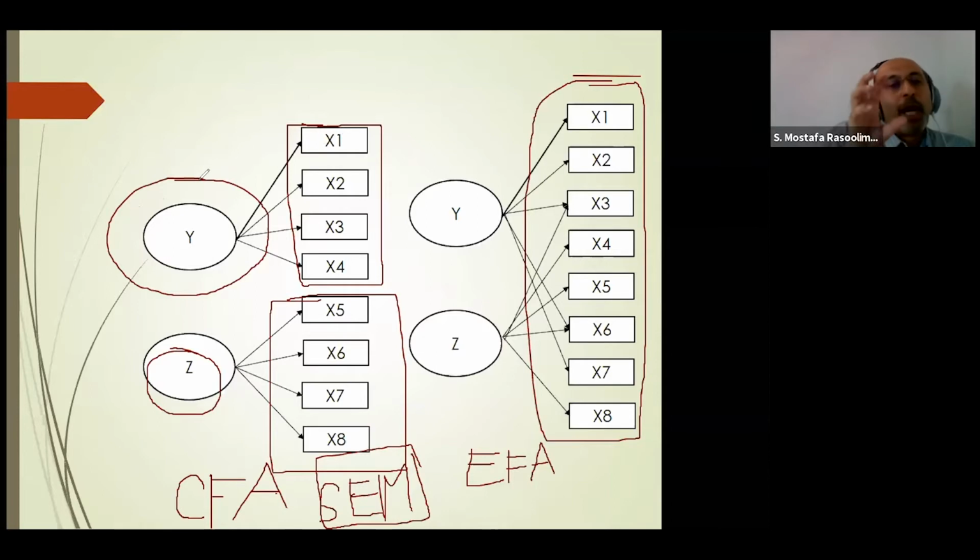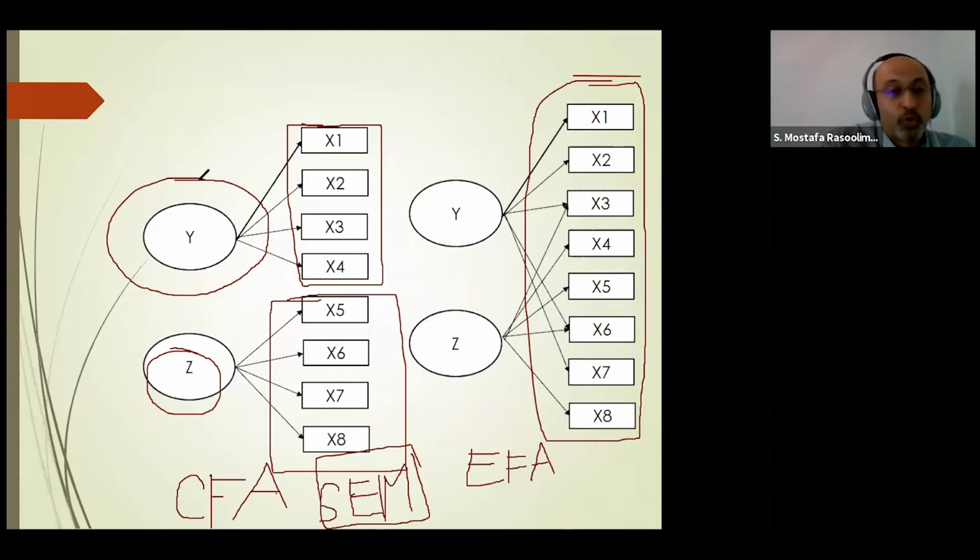So if you adopt items for your variables, you have loyalty, you have satisfaction, you have image, for example, destination image. You adopted some items to measure each construct from previous studies. And you know items 1 to 3 measure satisfaction, 4 to 6 measure loyalty, and 7 to 11 measure image, right?